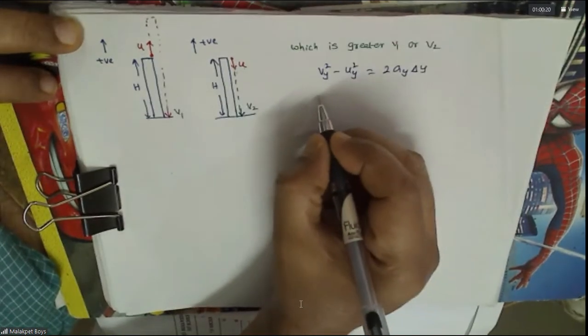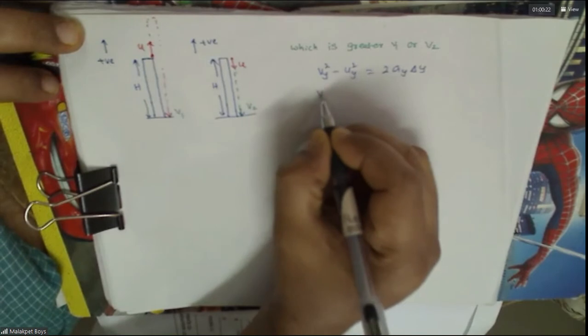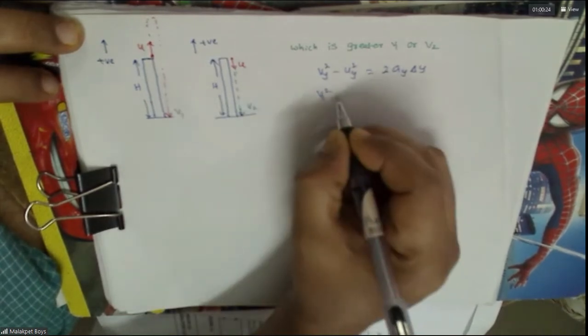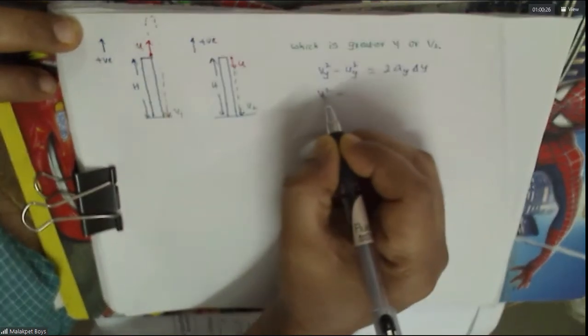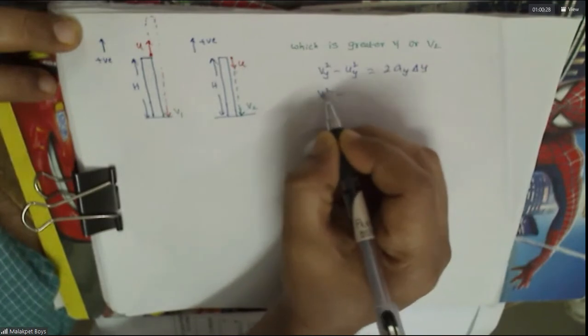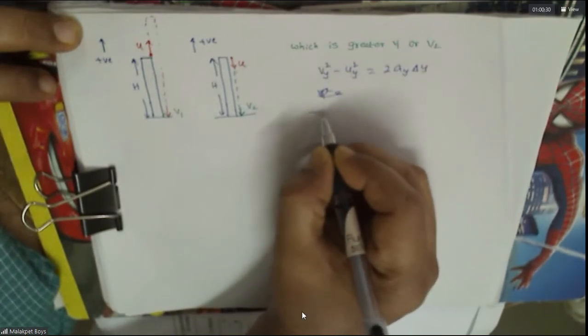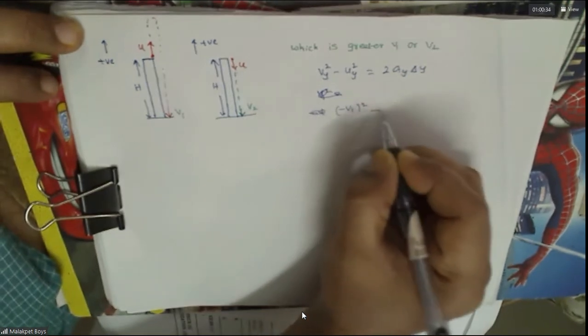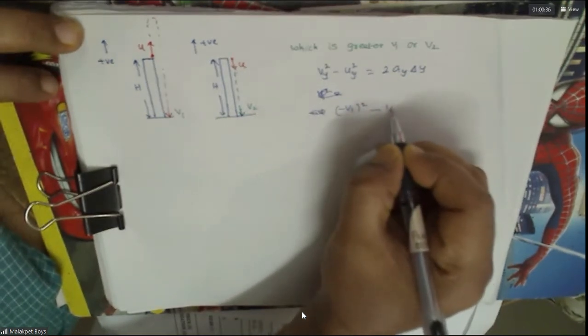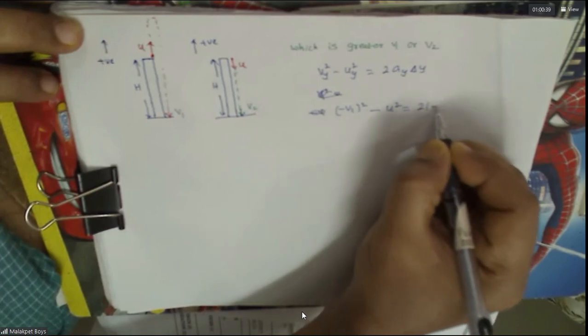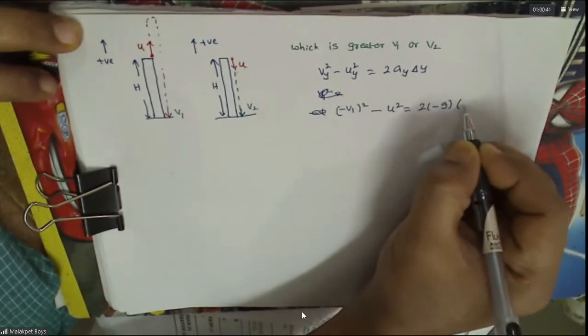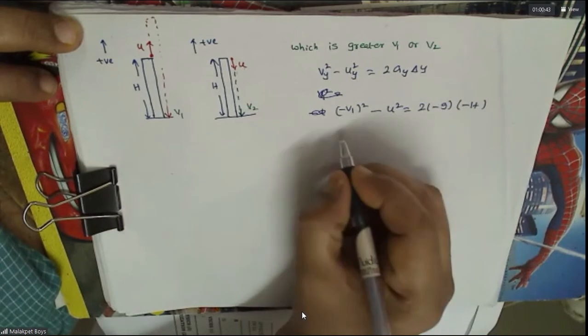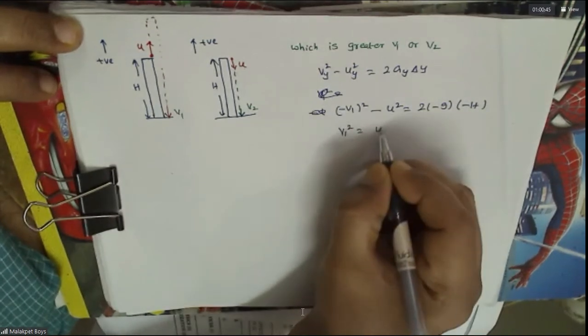So this is finally V1 square. Do you agree with this? Minus, G is downward. Displacement is also downward. Do you agree with this? Yes, sir.